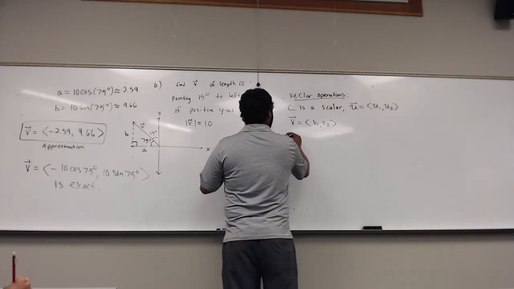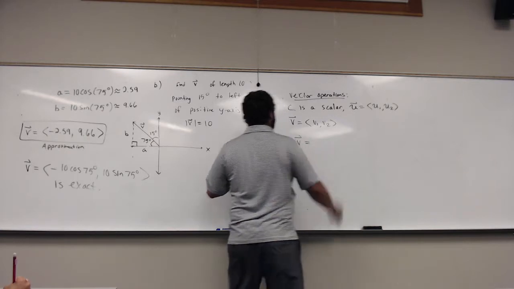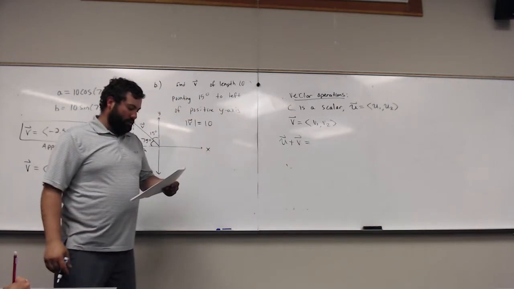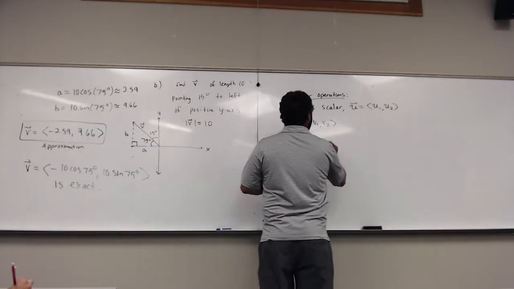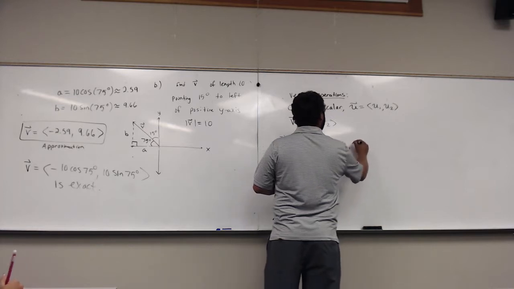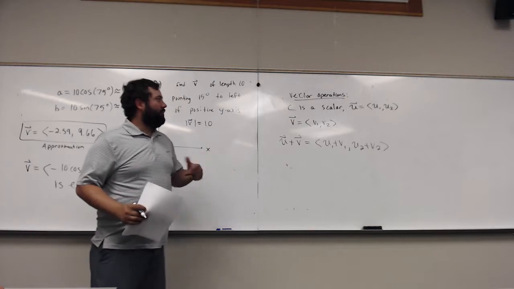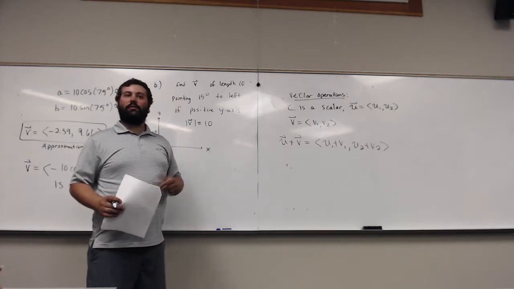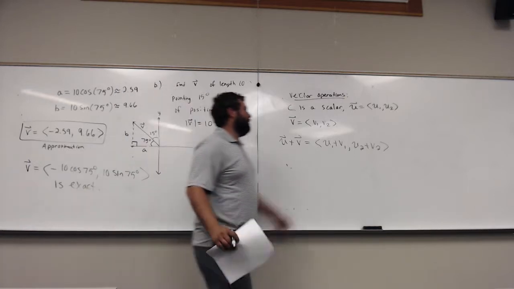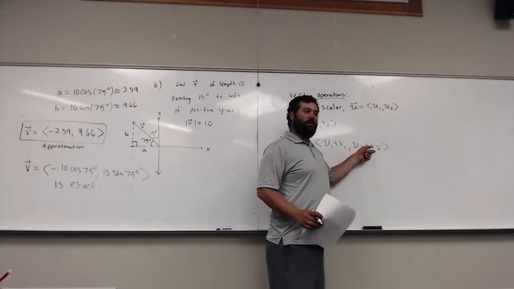We can define the addition. So if I want to do u plus v, you just add the x components of the vectors together, that gives you the first component, and then you add the y components together to get the second component.